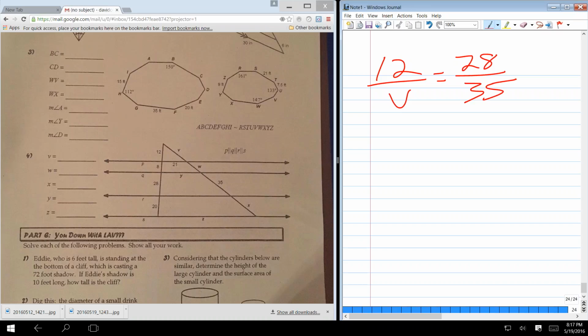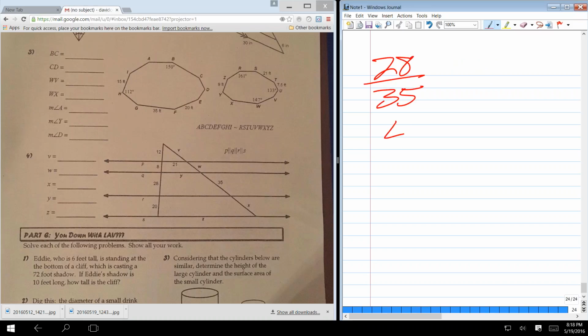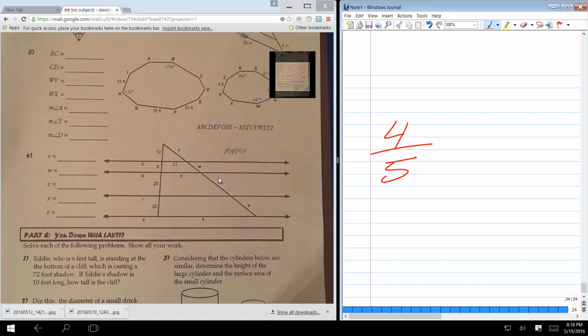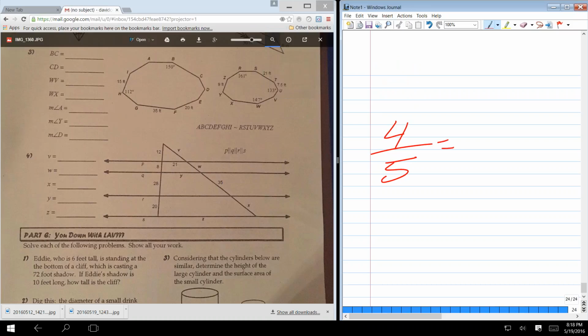Now you can solve for v. Once you solve for it, actually I don't need that ratio. I can use this ratio, 28 over 35, which happens to be 4 over 5. So 4 over 5 is our ratio, this left side to the right side.